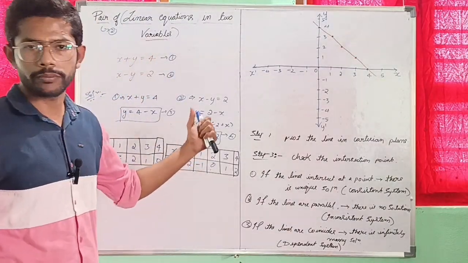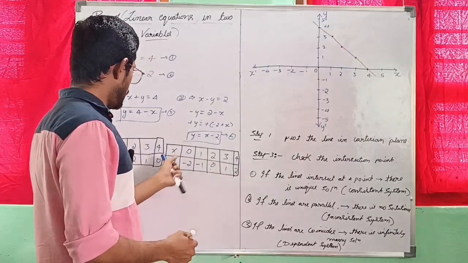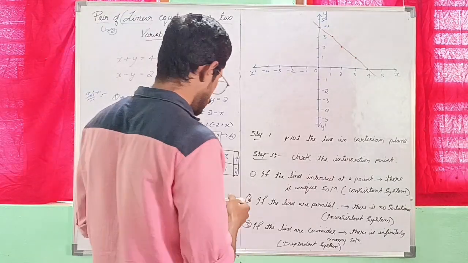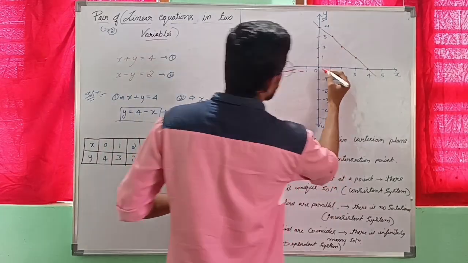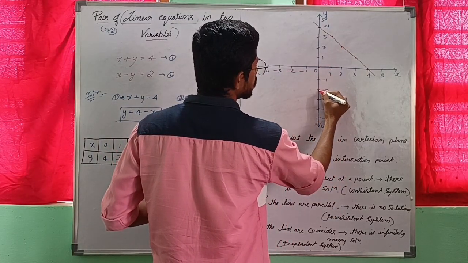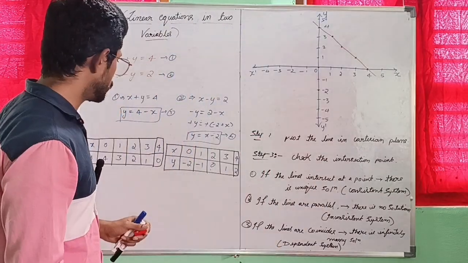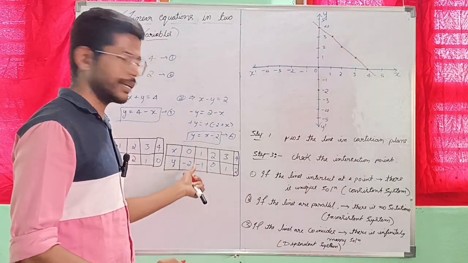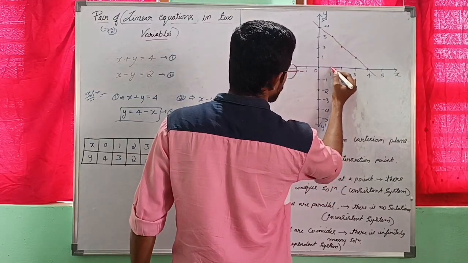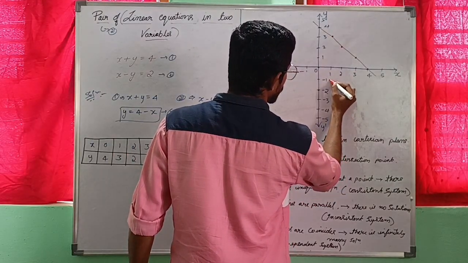When x is 0, y is minus 2. Let us draw the point here. And when x is 1, y is minus 1. The point will come here.